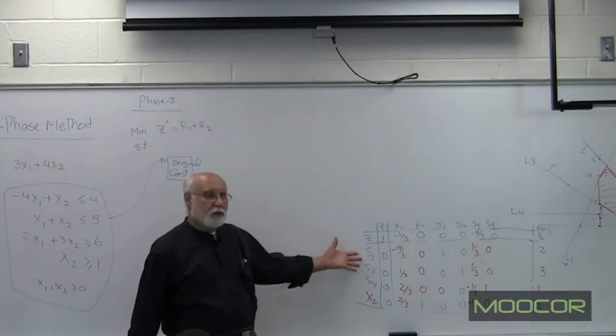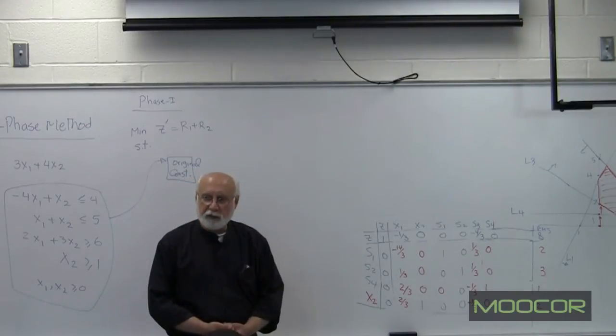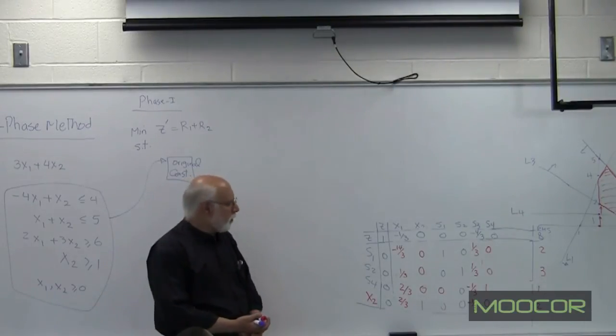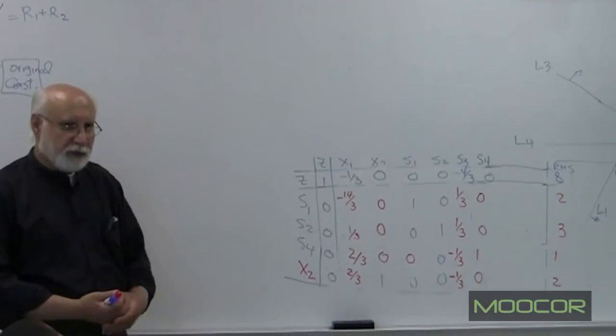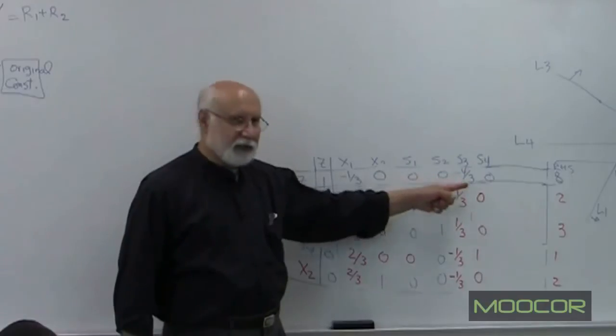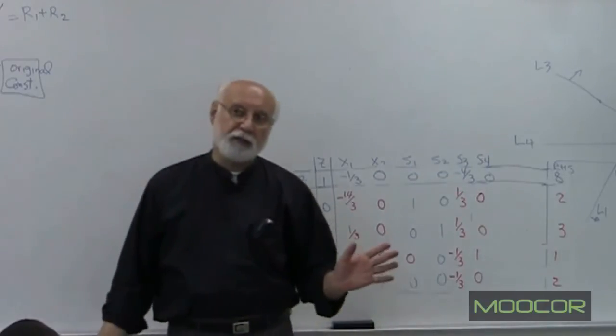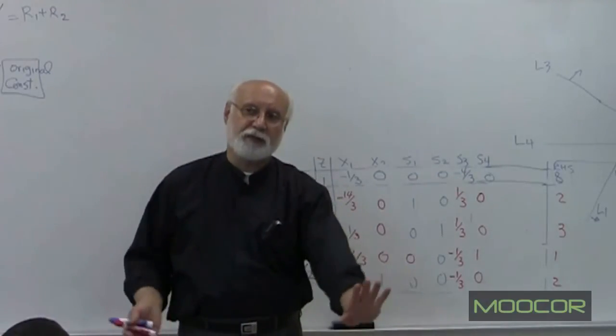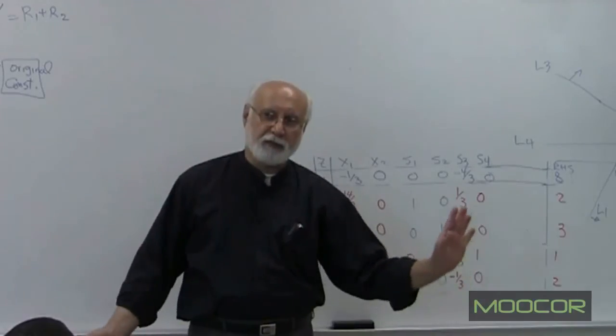So in here, what would be the entering variable? S3 will be the entering variable because it's the most negative. And then you say, Dr. Salimian, up to now you kept saying most positive. What happened?